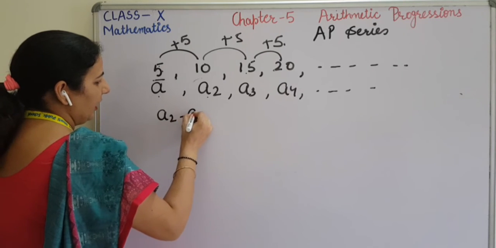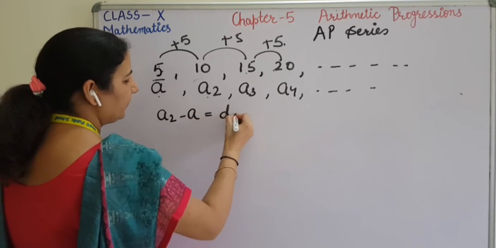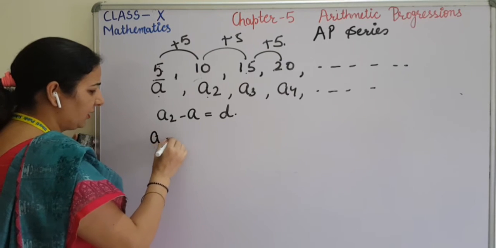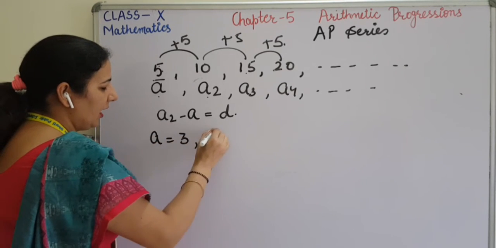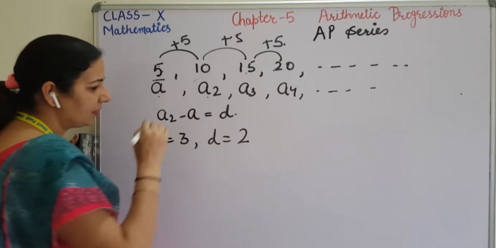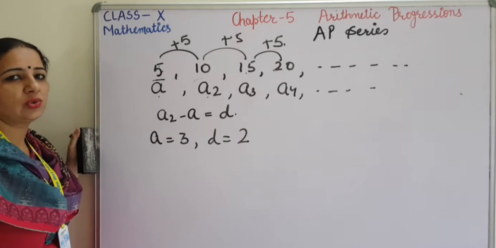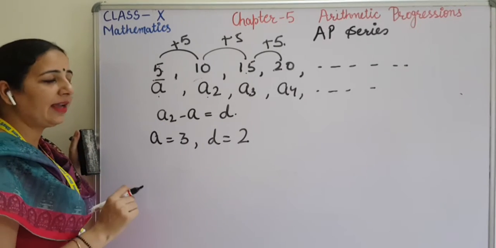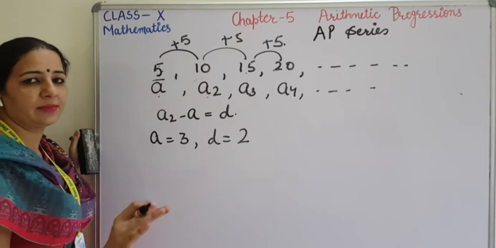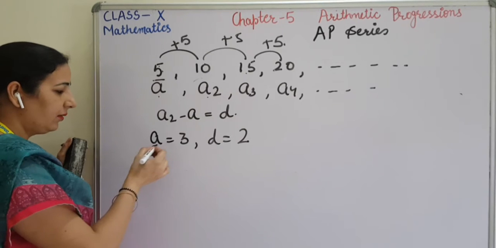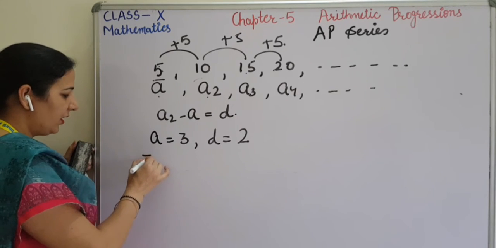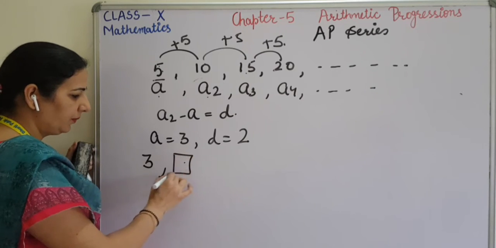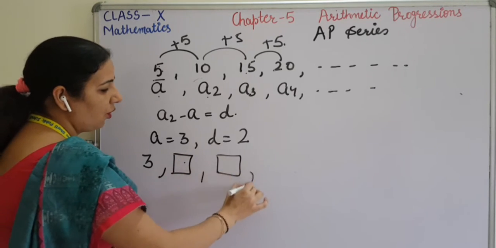A2 minus A1 is equal to D. This we have calculated from here. Now, if A is 3 and your D is 2, if these two values are given, I can calculate all these terms, as many as they ask in the question. First term is 3. The second term, I don't know. Third term, not given.